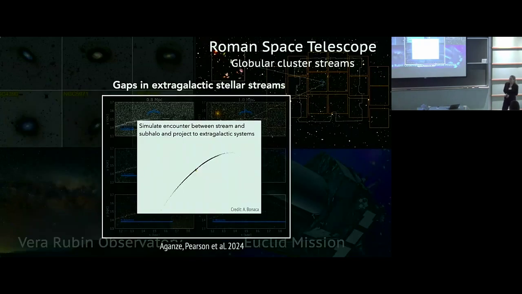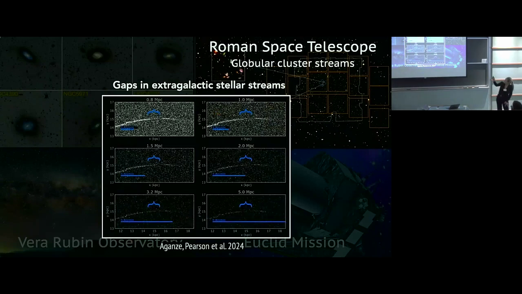So Christian Aganze, who is now a fellow at Stanford, took this a bit further and said, what if we simulate an interaction with a dark matter subhalo, take one of these streams, and ask what happens if we move that to extragalactic systems? Through that, he found, again in simulated Roman data, but now with distance to the galaxy of interest, you're seeing moving down in distance as you're moving down in the panels.